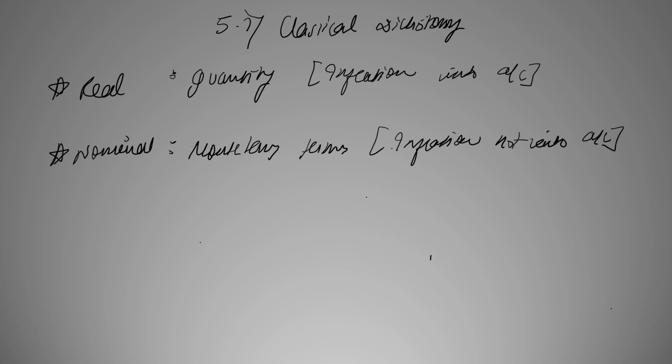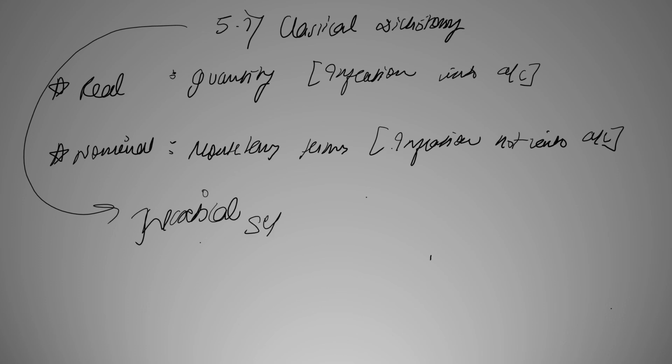And classical dichotomy is the theoretical separation of nominal variables and real variables. Okay, so this is just the theoretical separation of real and nominal variables.